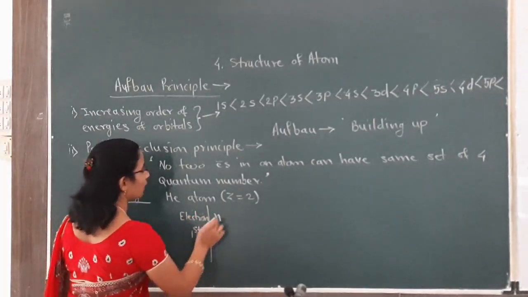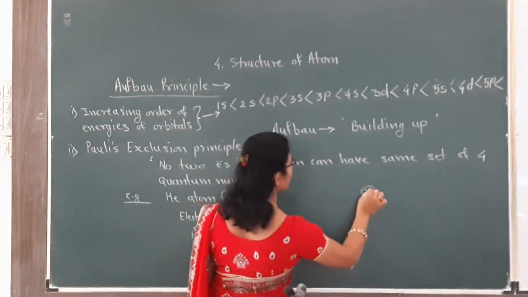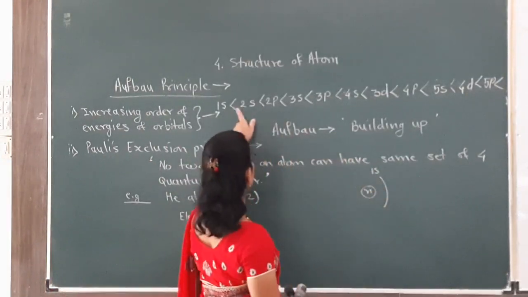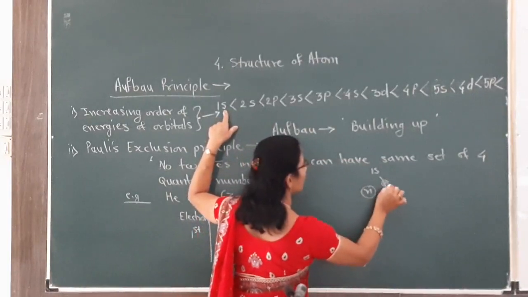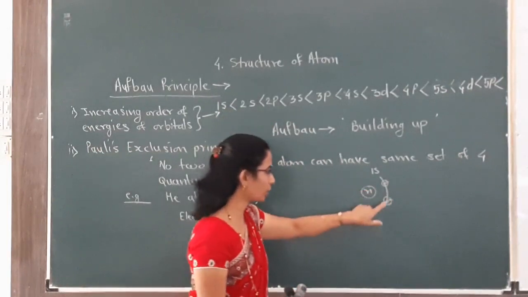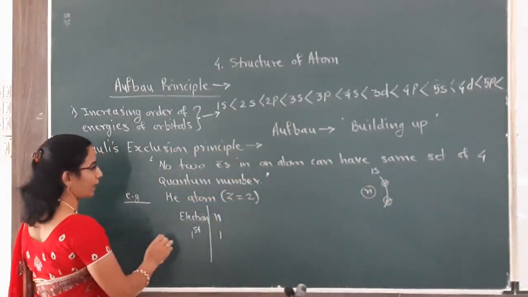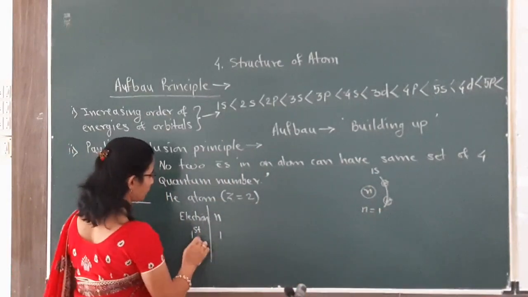What is n? These 2 electrons will obviously be present in the 1s orbital, because the 1s orbital has the lowest energy and its capacity is 2 electrons. That's why n is equal to 1 for this first electron.